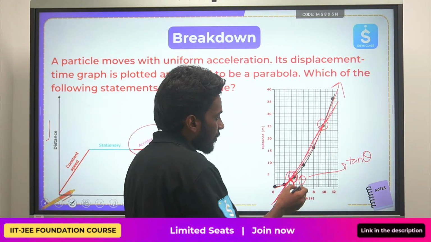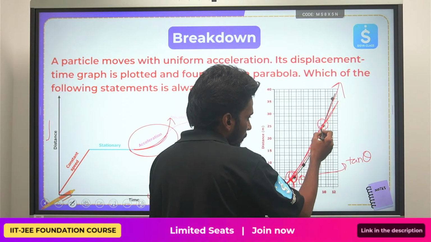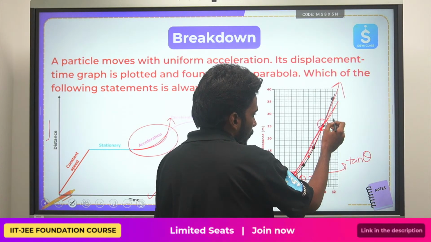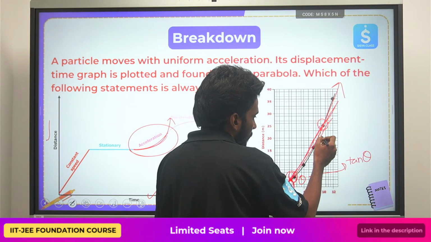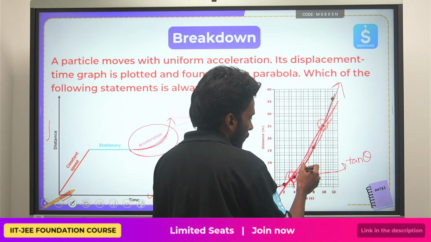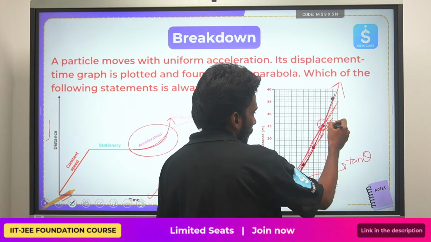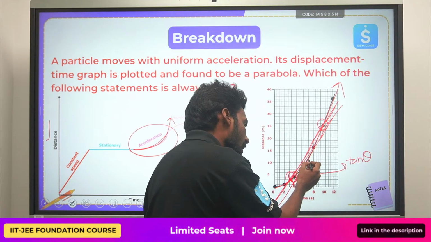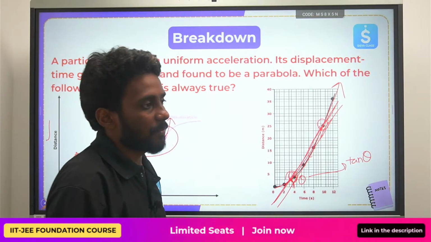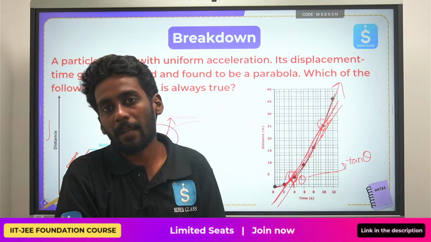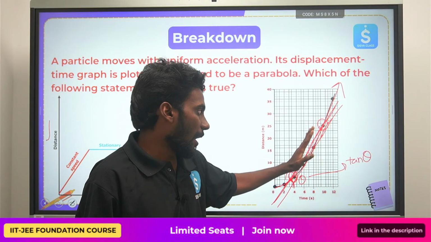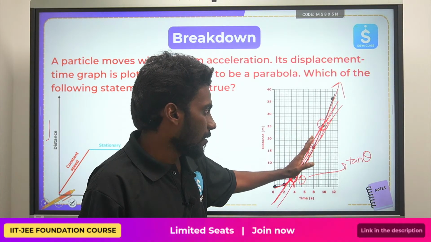Now what about the midpoint here? For the parabola, if you take the midpoint and draw the tangent at the midpoint, this tangent would be parallel to the line which you have taken first.